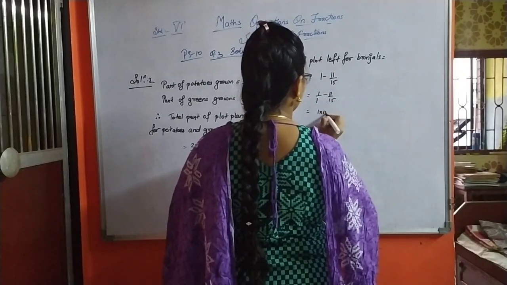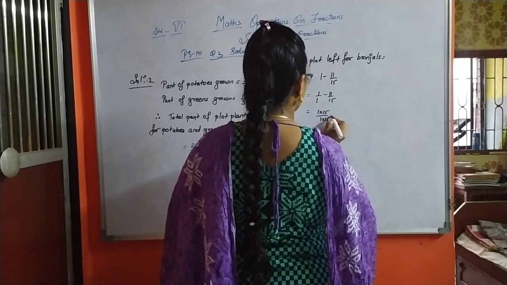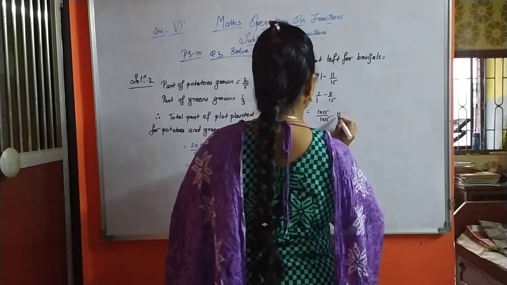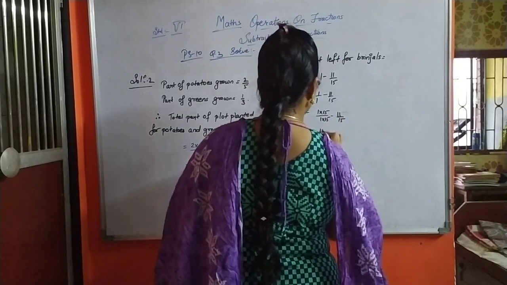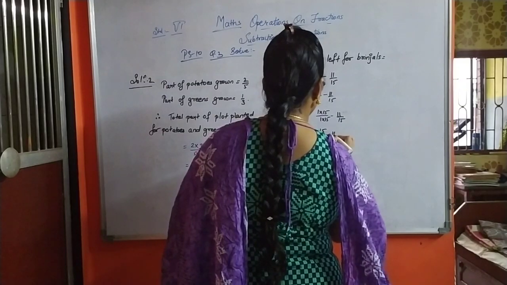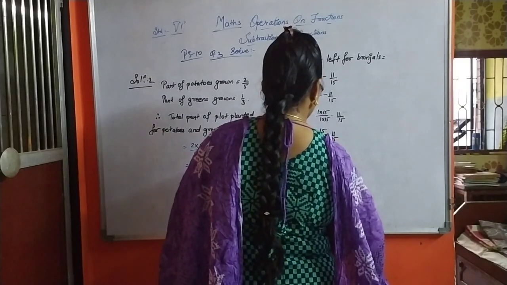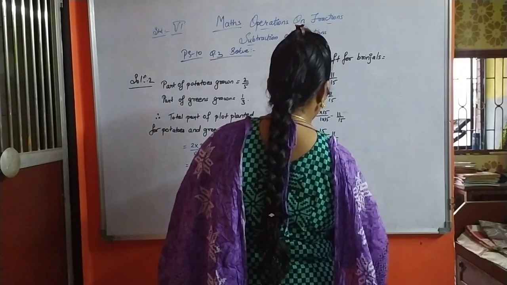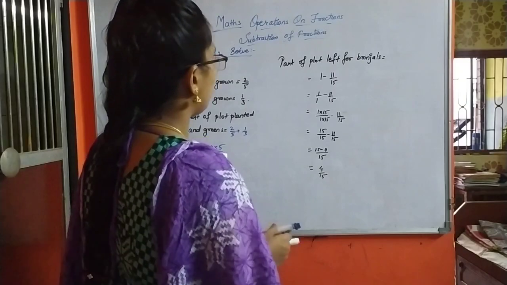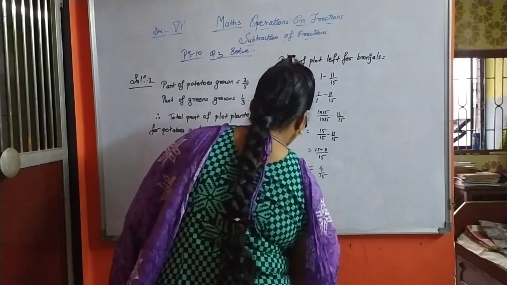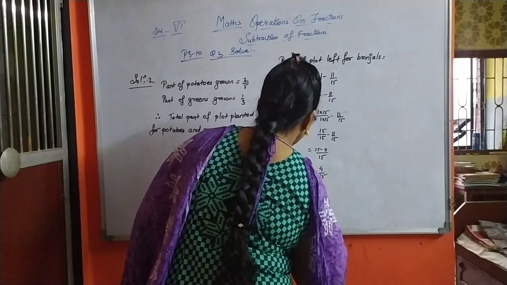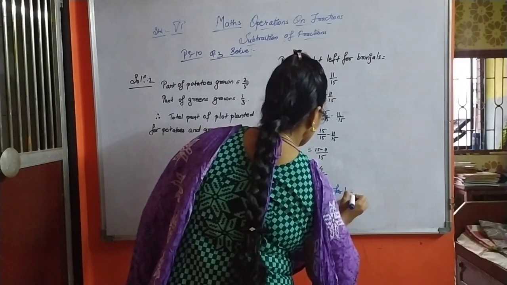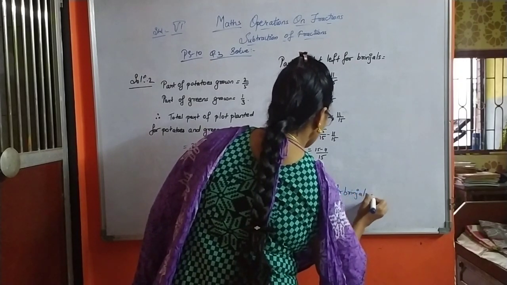Cross multiply. We have already done this addition and subtraction. So now children, what is the answer we got? It is 4 upon 15. Therefore, part of plot for brinjals is 4 upon 15.